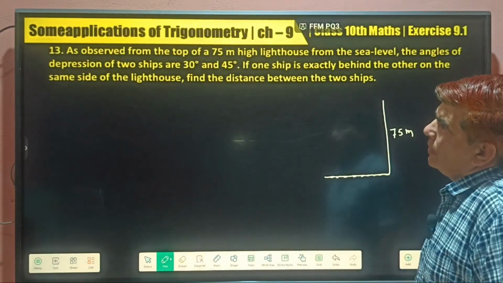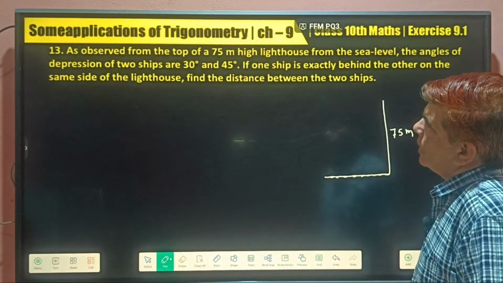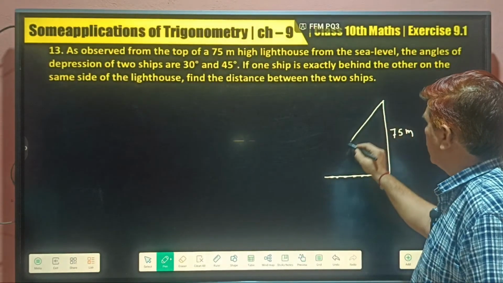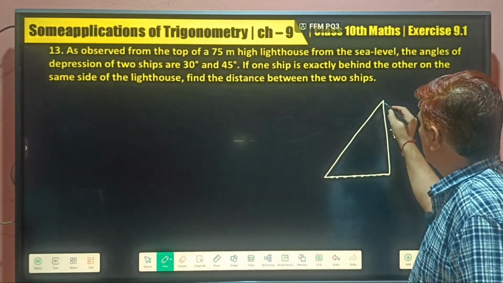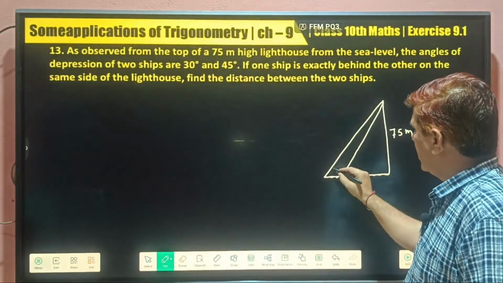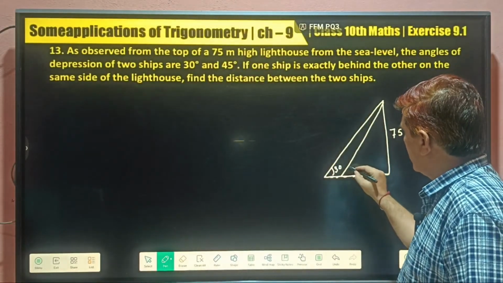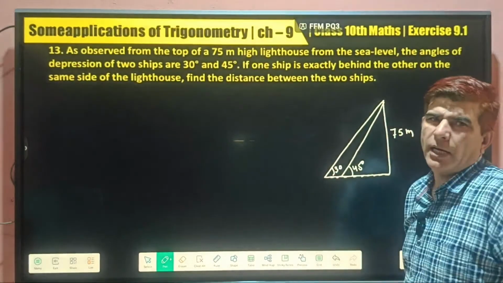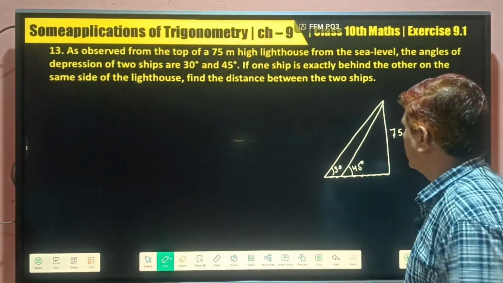The angle of depression of the two ships, one ship is here, another ship is here, are 30 degrees and 45 degrees. As you know, moving to this side, angles start increasing.